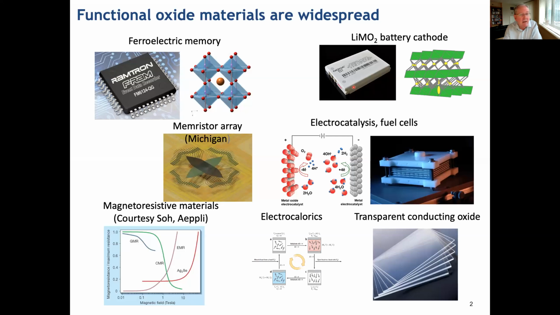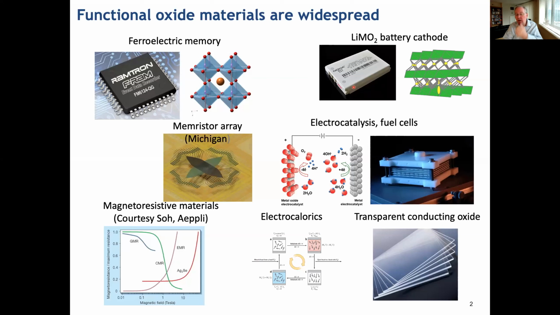The reason they're so widespread is that the properties are so variable. One can make from these things ferroelectrics, materials that conduct ions, ferromagnets, metals, insulators, and of course superconductors, and they have a wide variety of behaviors.